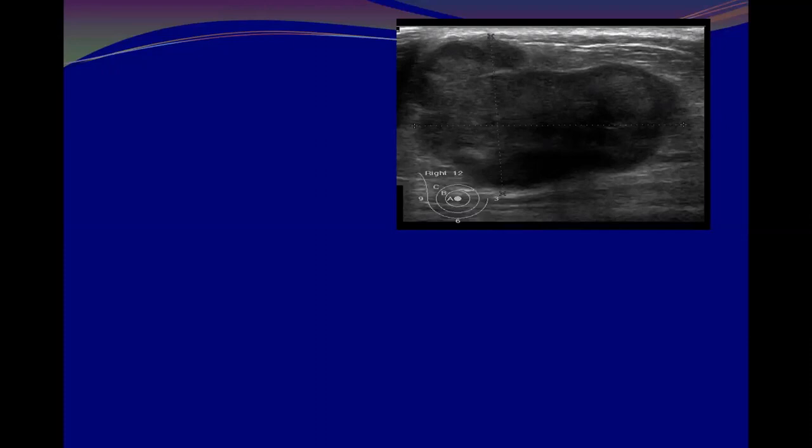I give it BI-RADS 4B because there is an area on the right side where the margin is irregular, indistinct or not apparent, not a sharp demarcation of the margin. So suspicious margin on this side.